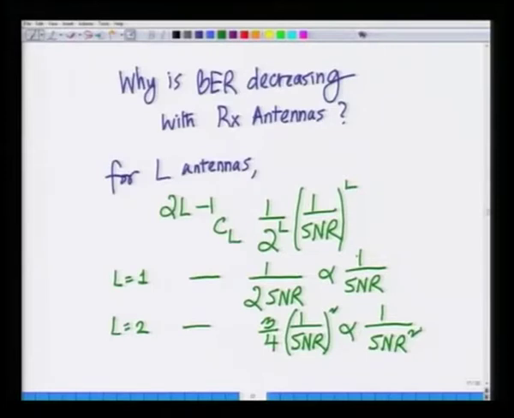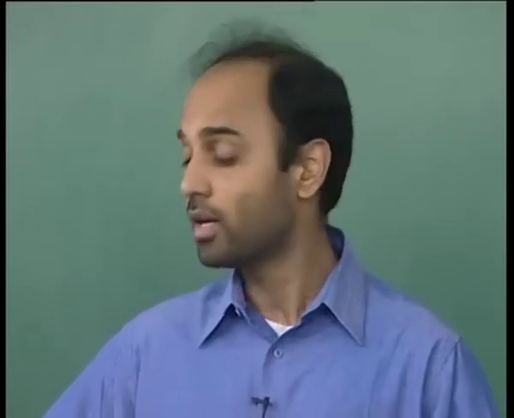So, look at these two terms here. At L equals 1, at 1 receive antenna, the bit error rate is decreasing as 1 over SNR. With L equals 2 receive antennas, the bit error rate is decreasing as 1 over SNR square. Remember, at high SNR, SNR square is much larger than SNR, hence 1 over SNR square is much smaller than 1 over SNR.